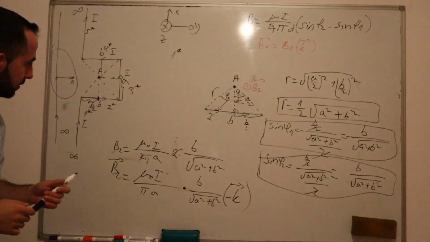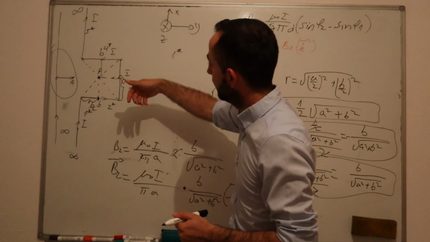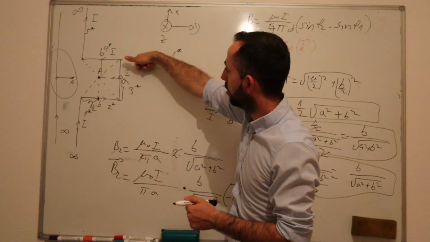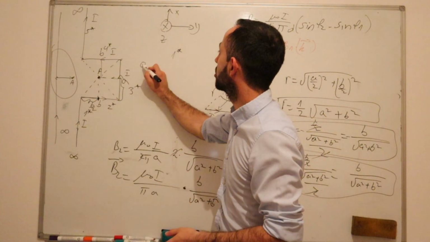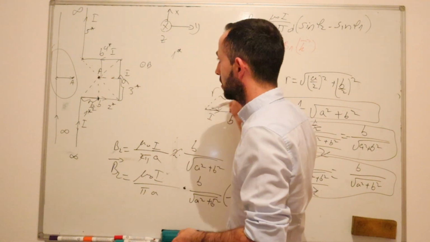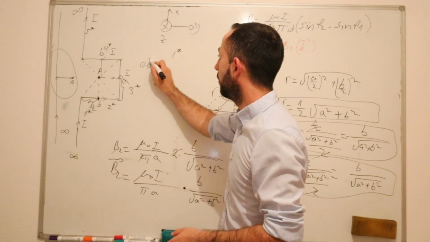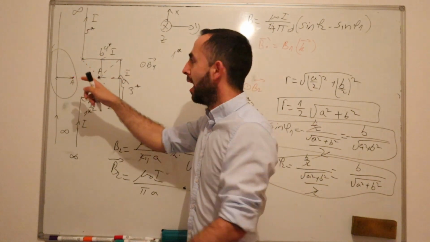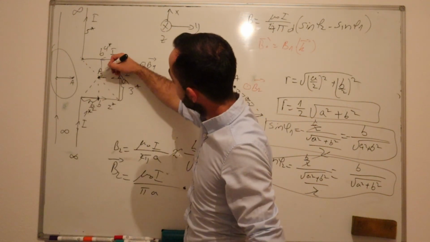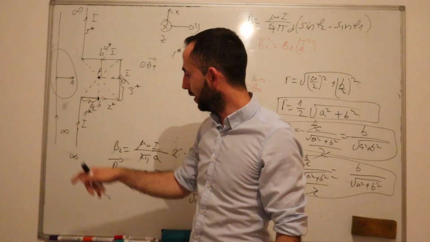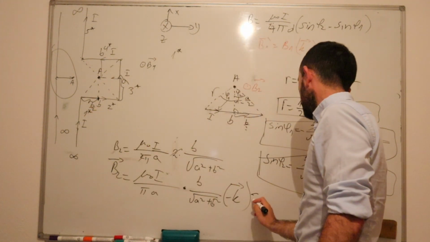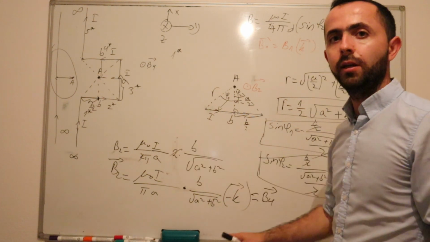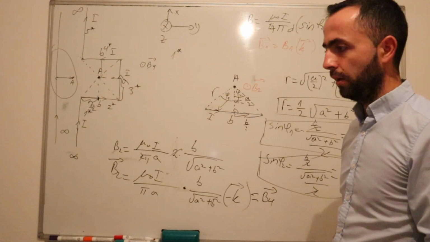But let's just check the direction. Using the right hand rule, we can see that here it has this direction. It has the same direction as B2. So B4 has the same direction as B2 because it has the same current, the same length, and the same distance from this point. They are equal. So B2 is equal to B4.